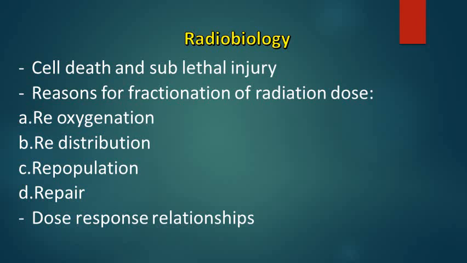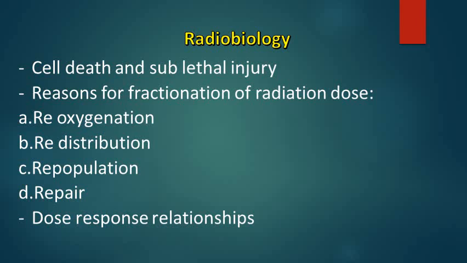And why do we fractionate radiation? For the following reasons. Reoxygenation. They discovered that oxygenated cells are 3 times more sensitive than hypoxic cells to the effect of radiation. In large tumors, the middle core of the tumor contains hypoxic cells.